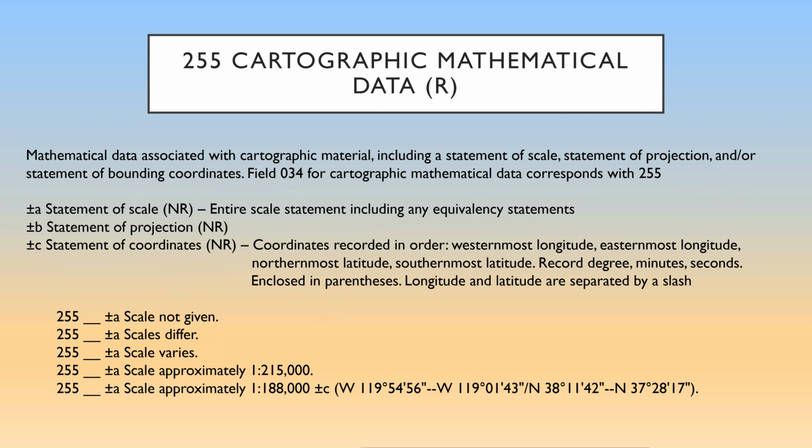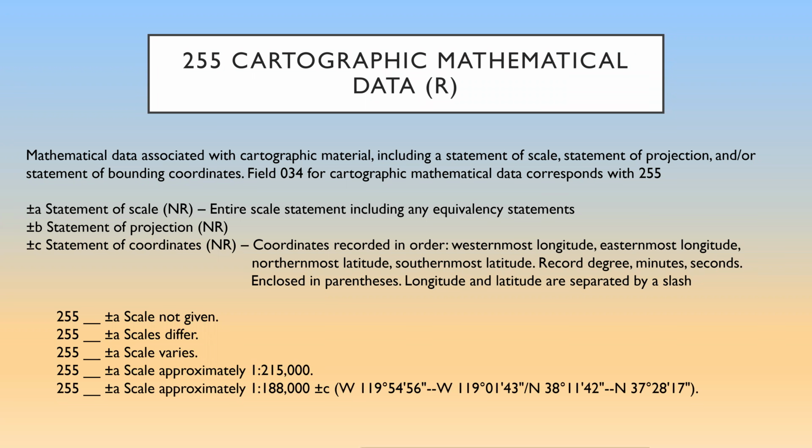So the 255 is basically a statement of the scale found on your map. I've listed several possibilities. Based on what you record in the 255, the MARC tag 034 coded form versus the written statement is generated, as we discussed. So for the first three, scale not given, scales different, and scale varies, in the 255 you would just have subfield A, because you have no coordinates, no idea what the area of the map is.